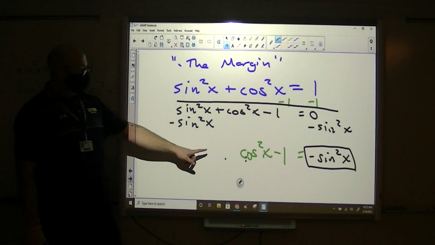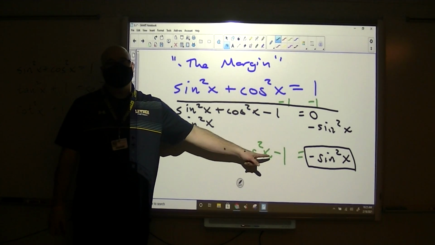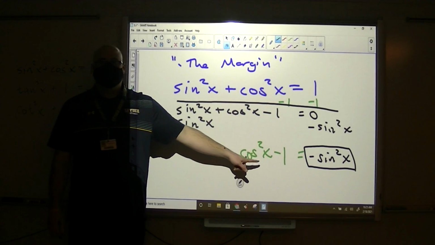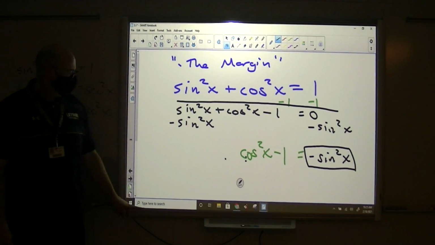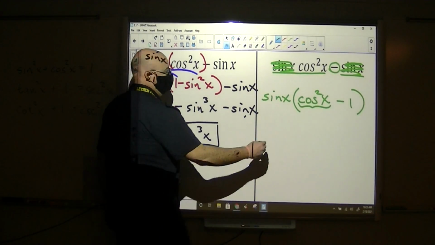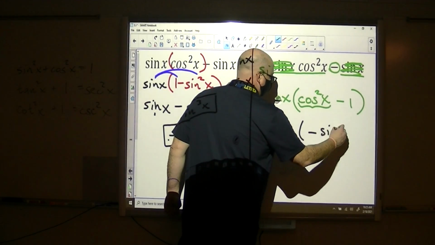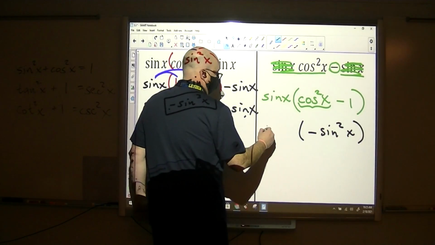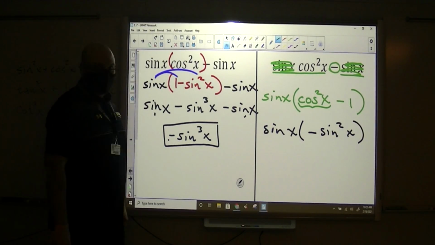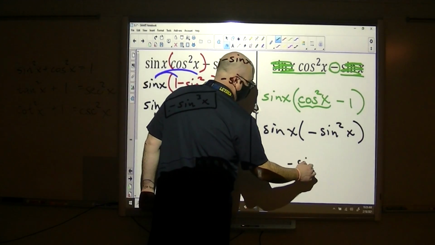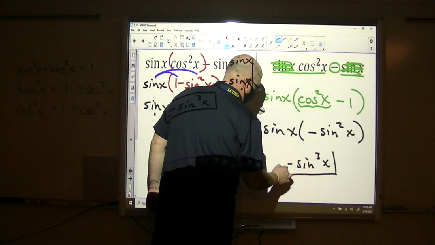So the squared expression that was in that problem can be replaced with just this. And then I multiply those together. Same answer.